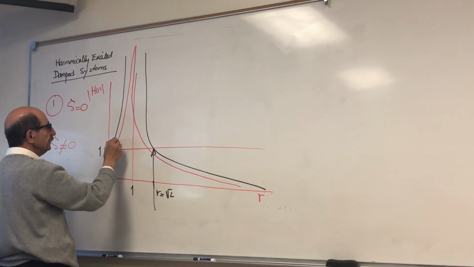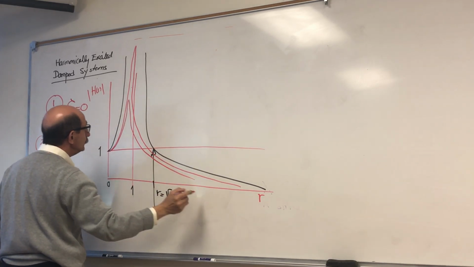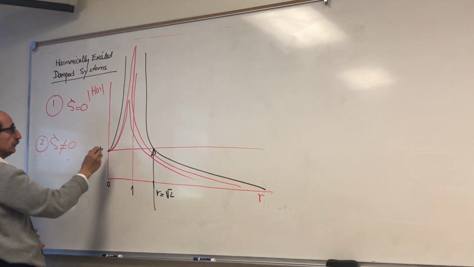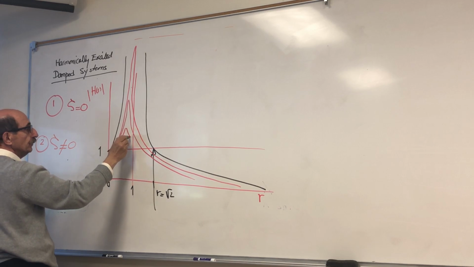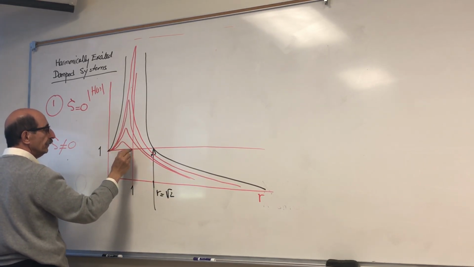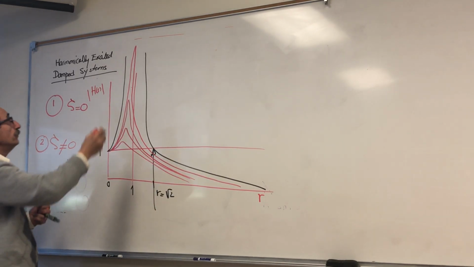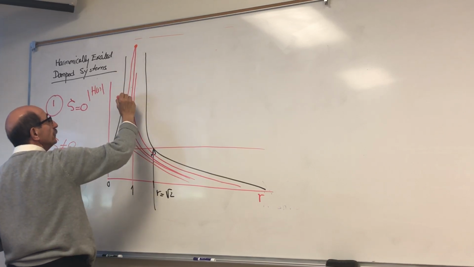As damping increases, this peak value starts shifting toward left of 1. Something like this. In other words, this is the peak value.